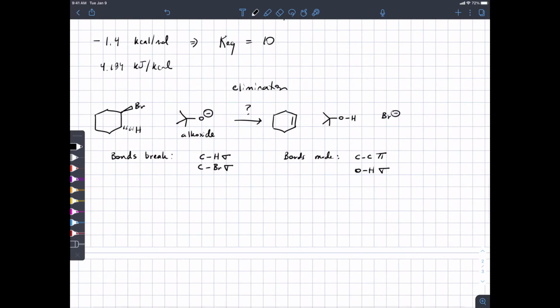So we can look up those bond dissociation enthalpies. I'm going to try to find the table and get numbers that are as close as possible to what we might be dealing with.